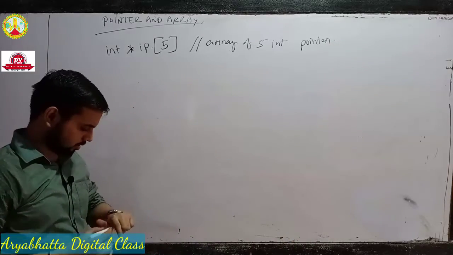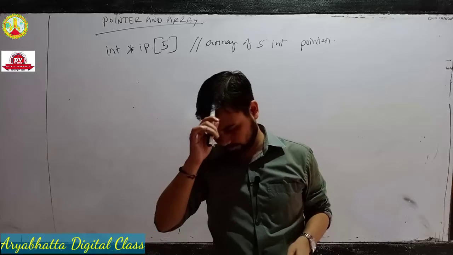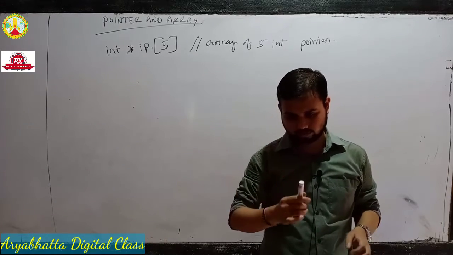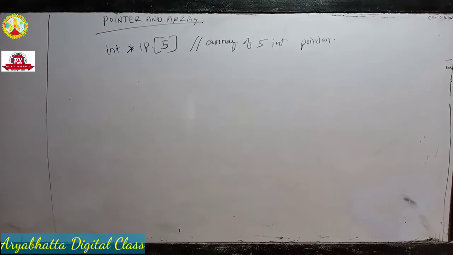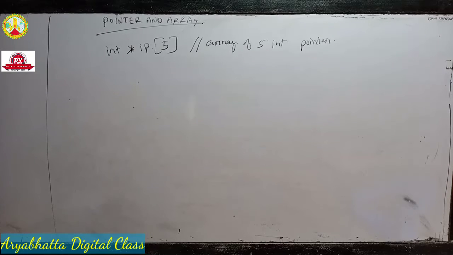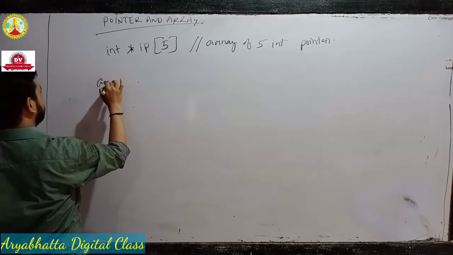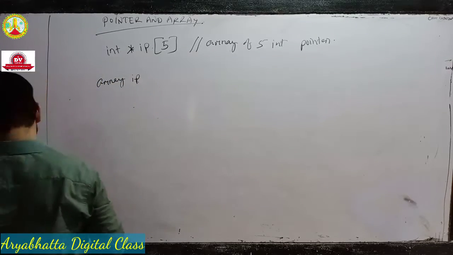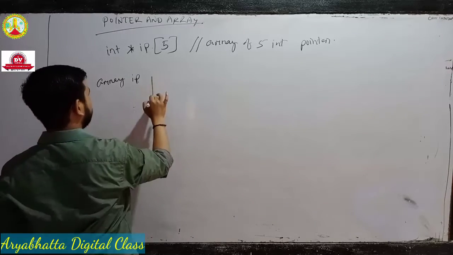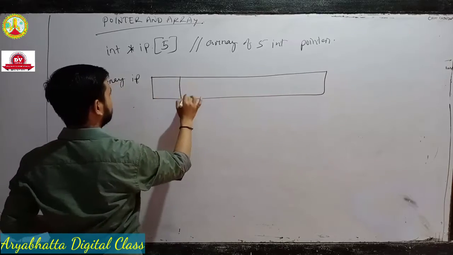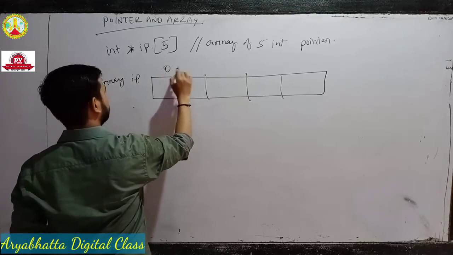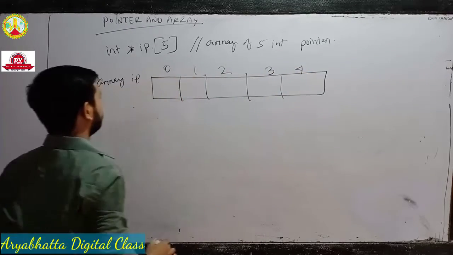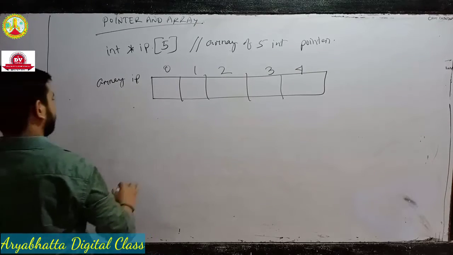Means we can hold 5 memory addresses, right? Suppose the array ip is this: 0, 1, 2, 3, 4. So the address is what?